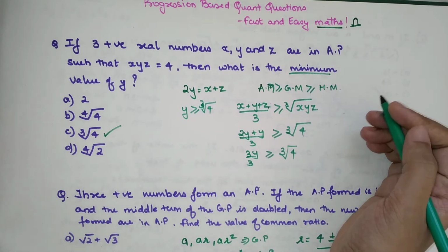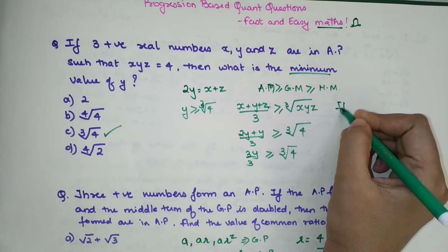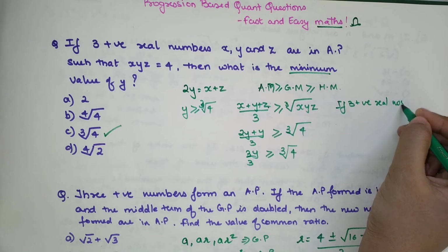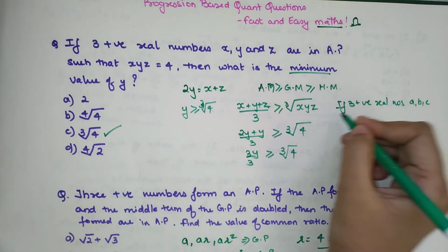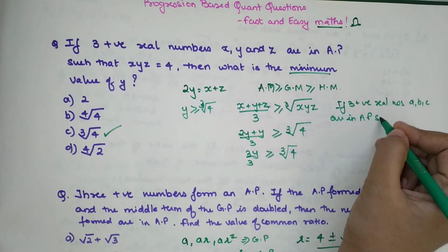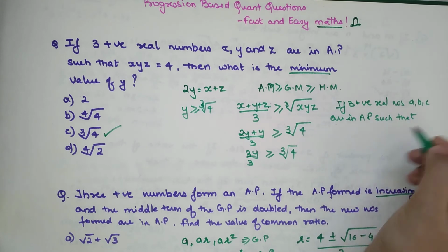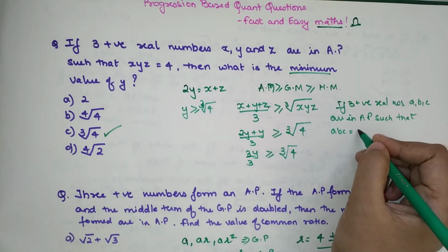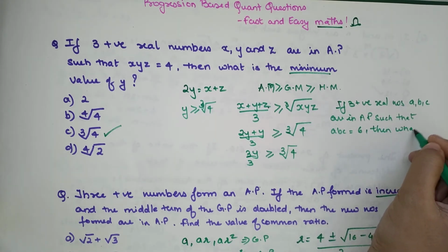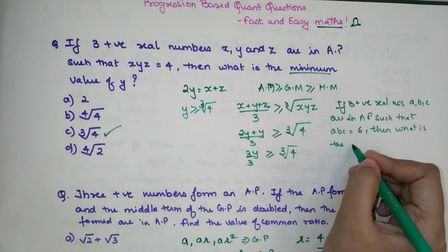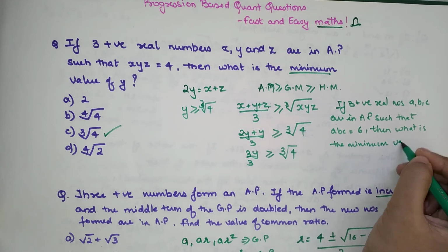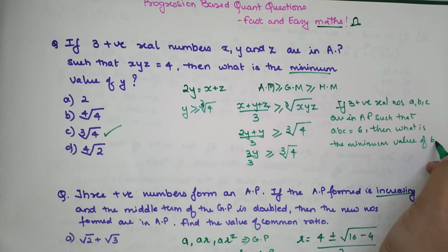Now, here we will say, if three positive real numbers, let's say a, b, c, are in AP such that a, b, c is equals to 6, then what is the minimum value of b?